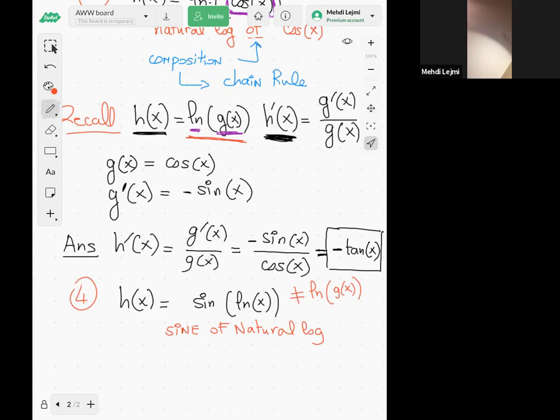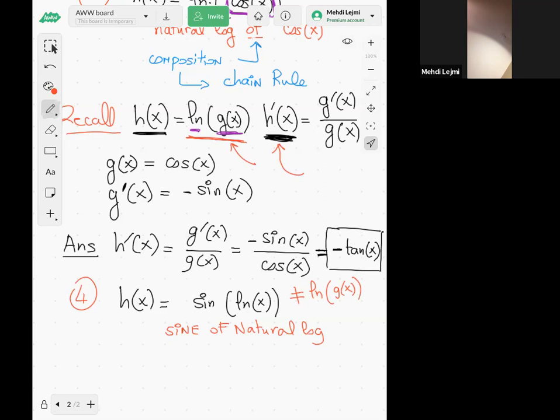It's not outside the parentheses. This is sine of natural log, okay? So we cannot apply this formula here, because it's not natural log of something. It's a sine of natural log.